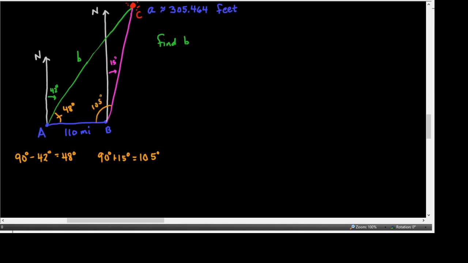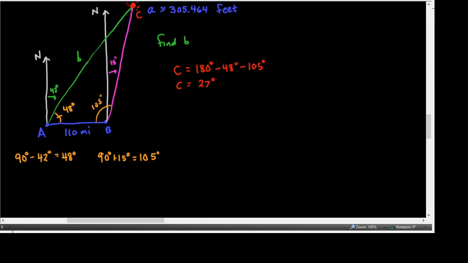Now the only side that we were given is opposite C, so we're going to have to calculate C. And since we've now figured out what A and B are equal to, I think we can do that. The sum of the three is 180 degrees, minus the 48 degrees that A is, minus the 105 degrees that B is, and C ends up being 27 degrees.